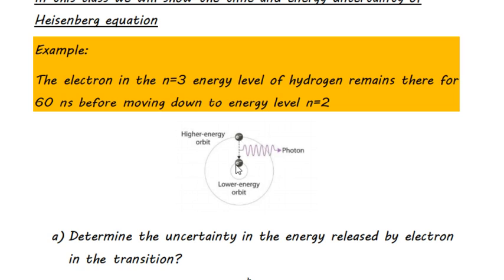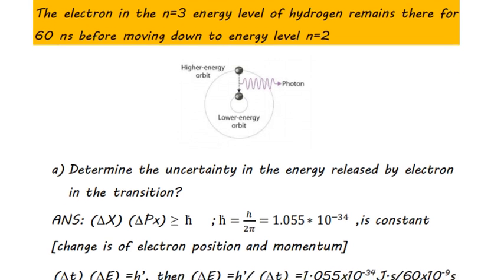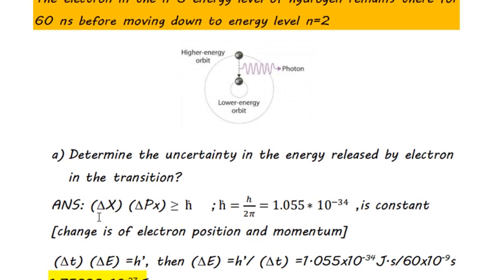So there is a kind of uncertainty, as we have learned from the Heisenberg equation and principle, in that energy released from the electron to be stored into the photon. So we have to calculate this value using the Heisenberg principle.